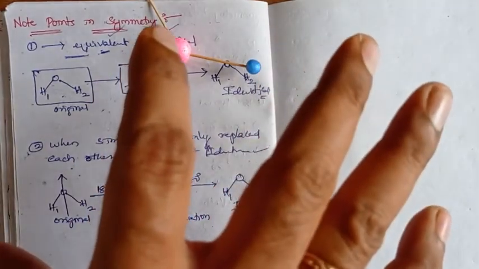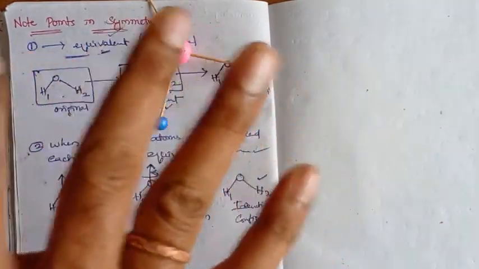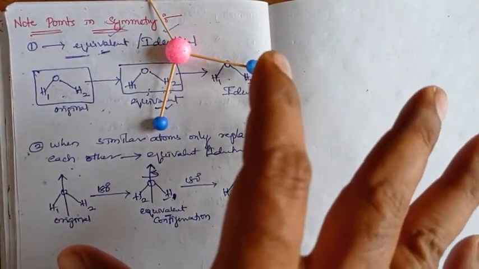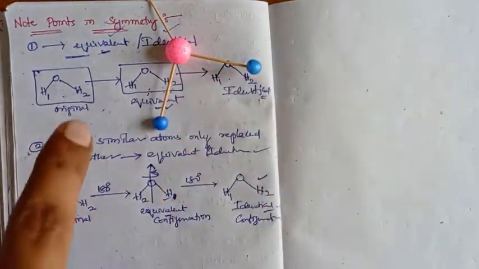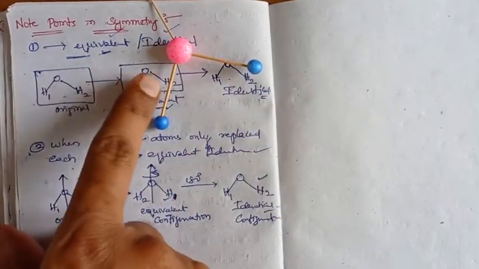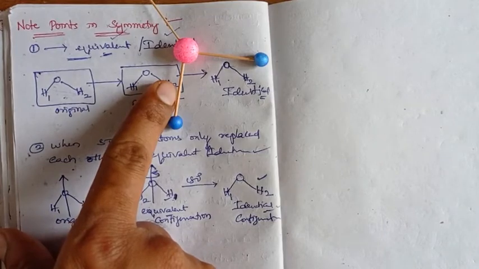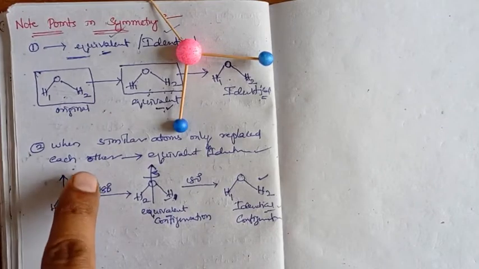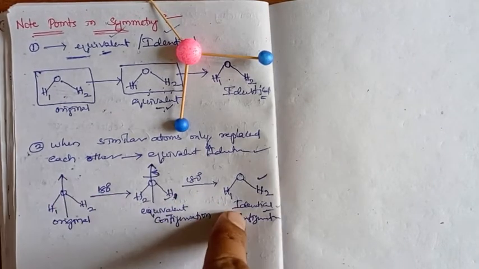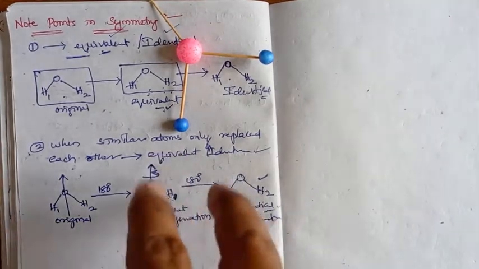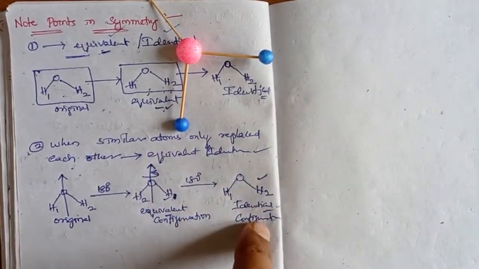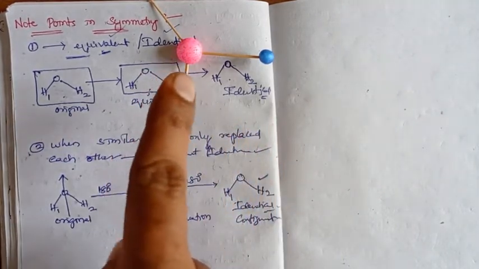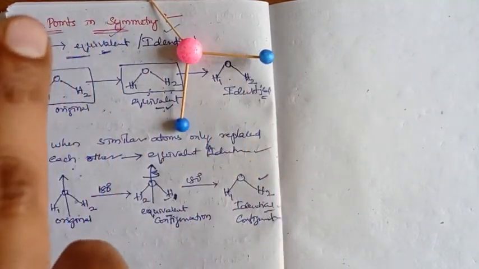To generate an identical or equivalent configuration, we have to check that all the atoms never change their position, or otherwise that only similar atoms exchange their positions. Then only will the generated configuration be equivalent or identical. When we have an equivalent or identical configuration, that symmetry operation is considered to be present in the molecule.